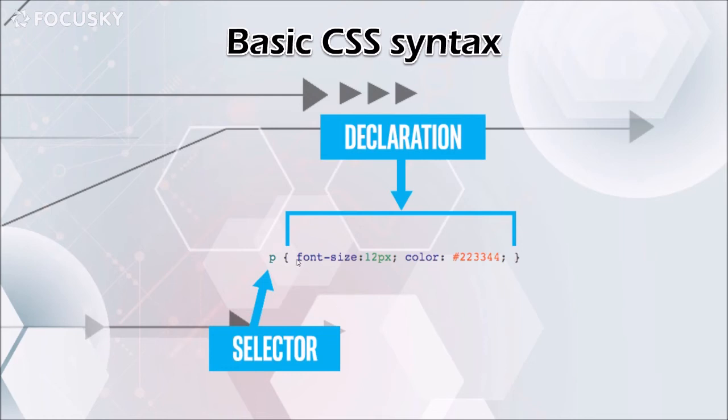As for the structure of a single rule, we have the name of the attribute followed by a colon followed by the value, and in the end we have a semicolon. You can put inside the declaration as many rules as you want, as long as they are separated by a semicolon.